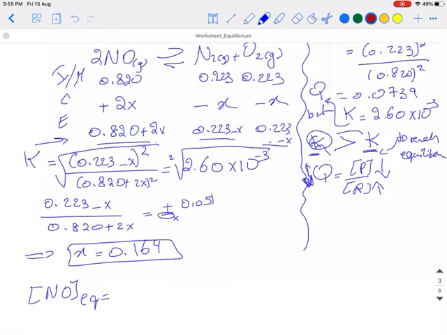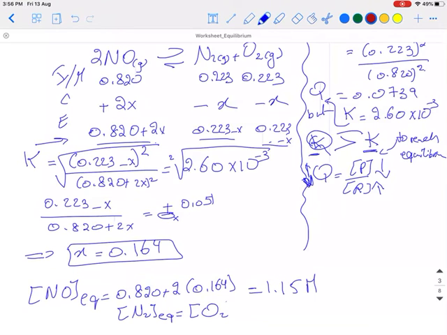So NO at equilibrium equals 0.820 plus 2 times 0.164, which equals 1.15 molar. And the concentration of N2 at equilibrium equals the concentration of O2 at equilibrium, which equals 0.223 minus x, which is 0.223 minus 0.164, and the answer is 0.059.